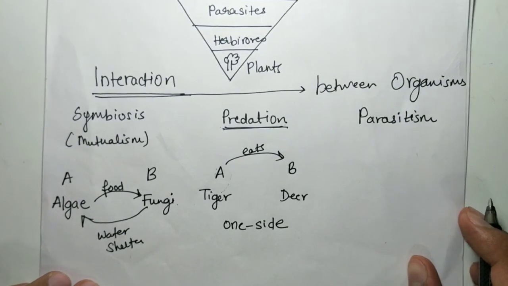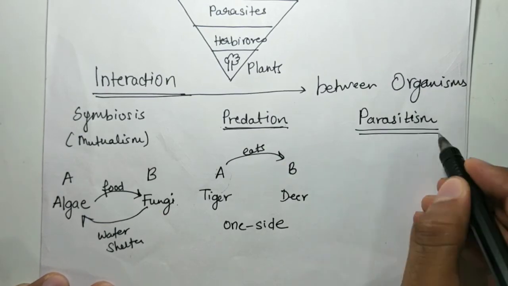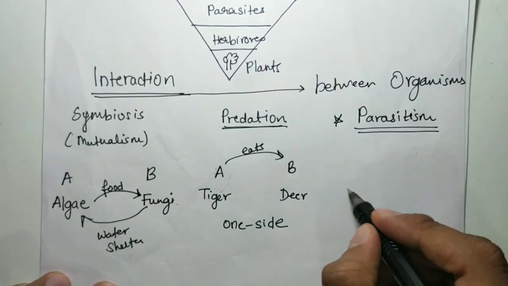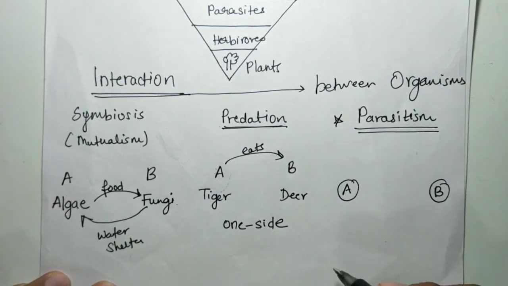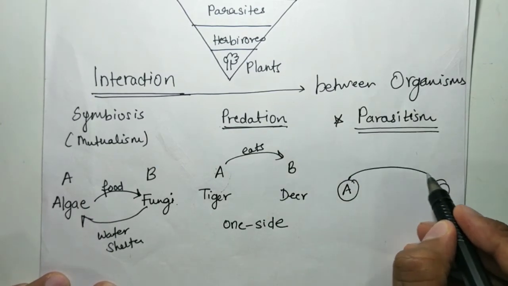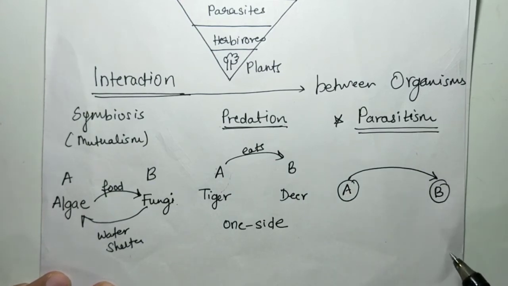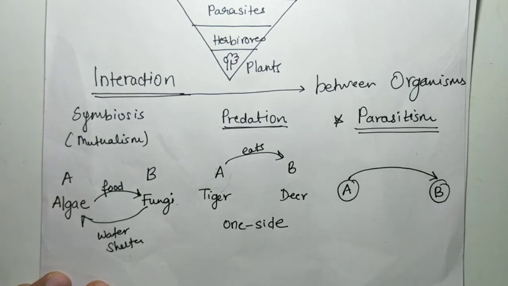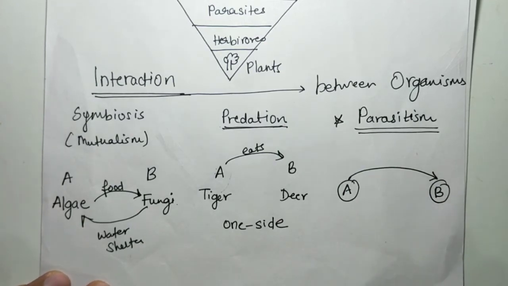Now, what is parasitism? Very important. Parasitism means one organism lives inside another organism, takes all the food and nutrition from the other organism and doesn't give anything in return.